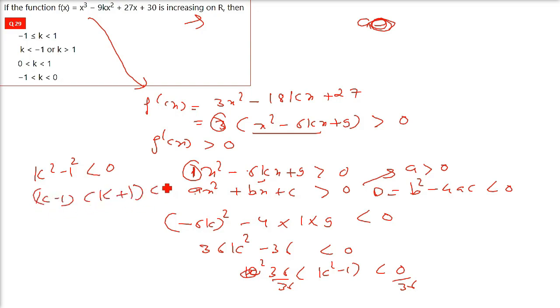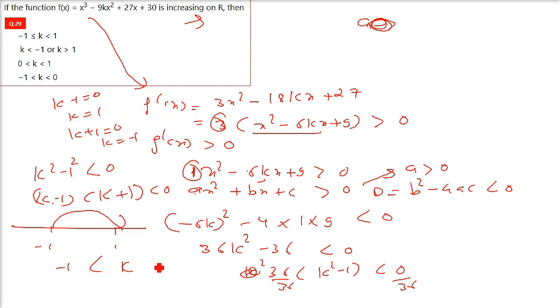And when you have two factors multiplied and it is less than 0, what do you do? I already told you in the beginning of this chapter. When k minus 1 is 0, k is equal to 1. When k plus 1 is 0, k is equal to minus 1. So you have minus 1 and 1 here, and because it is less than 0, you take the values in between. Greater than 0 will give you something else. Less than 0 will give you something else. That is, it has to be between negative 1 and 1.